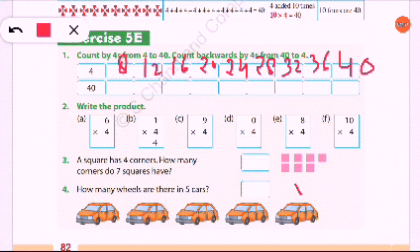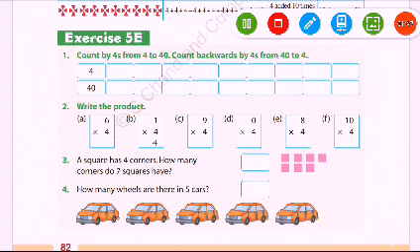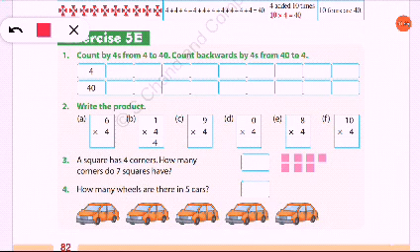Here there is no space, so it is a problem for me to write like this. So you write very neatly and properly. Just like this, down here you have to count backward. So you will count it like, see, 40, 4 9s are 36, 4 8s are 32, 4 7s are 28.